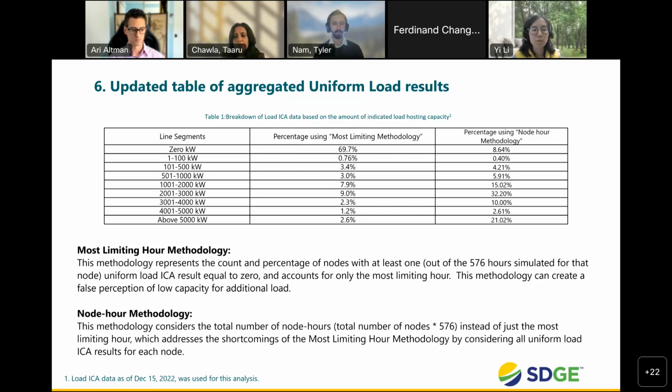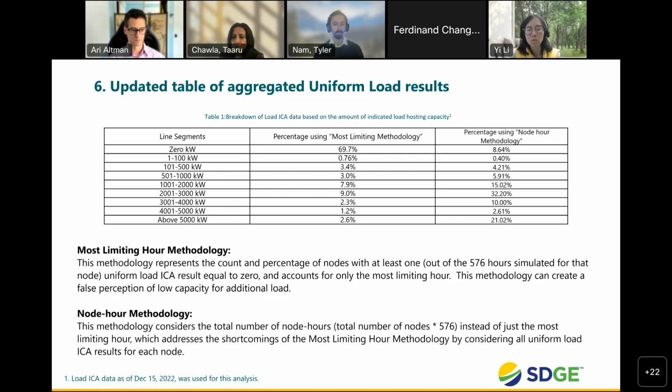Again, speaking for SDG&E here, the goal of the load ICA is to provide a developer, when they look at the profile, an understanding of what the capacity looks like down to each individual hour. When we're doing the engineering review, our engineer is not really using load ICA. They're doing a detailed engineering study, considering the load curves of a typical load, depending on what type of load the customer decides to apply for.